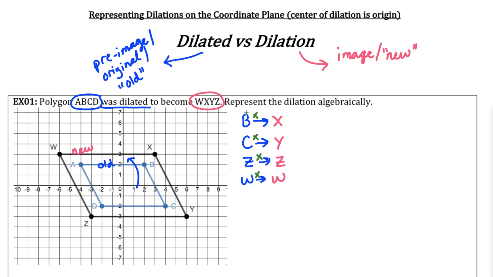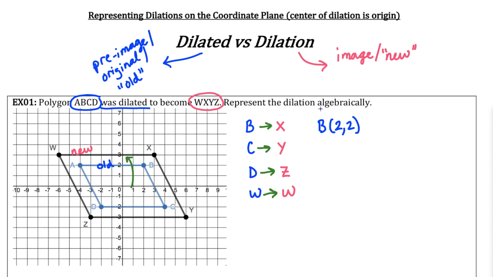So what you do is you just take any one of these. It doesn't matter which one, because they will all give you the same answer. So let's take B, which is 2, 2. That's easy. Look at that beautiful color change.